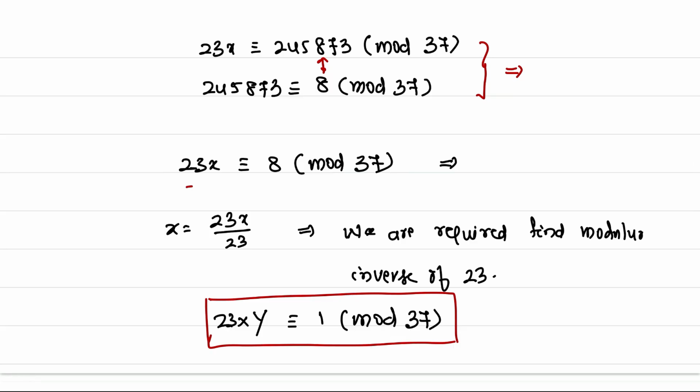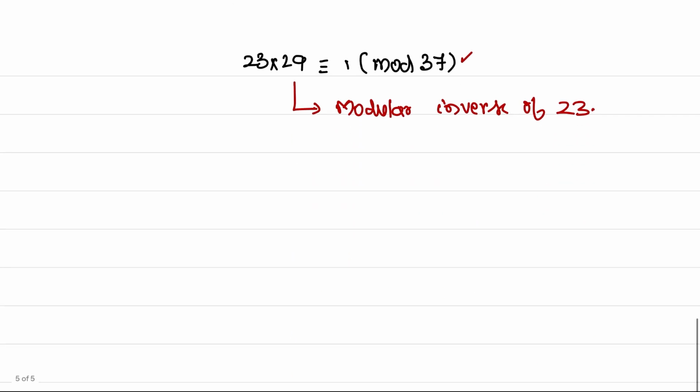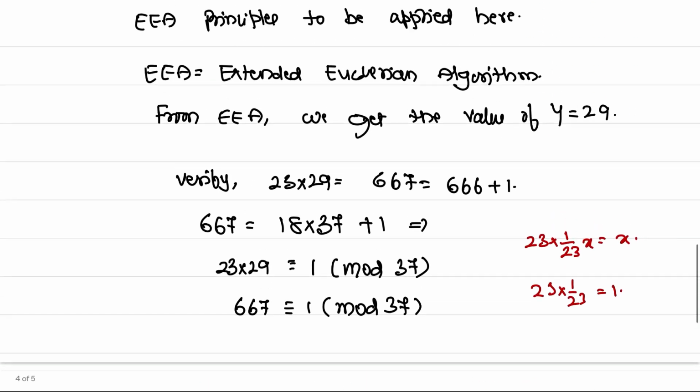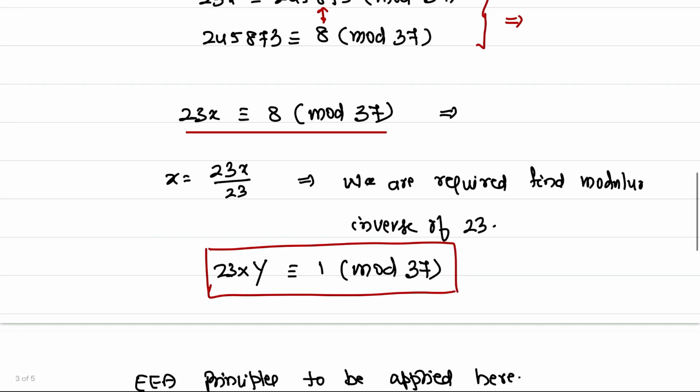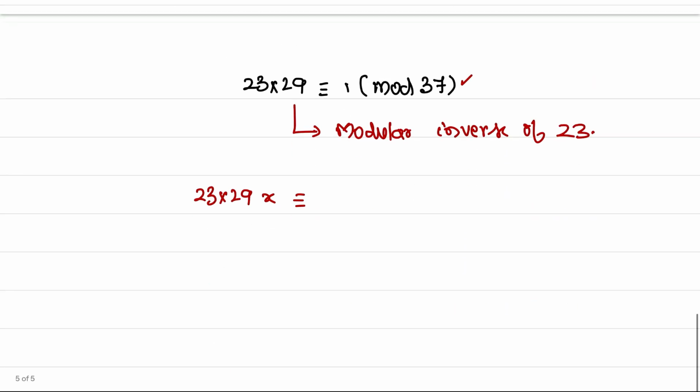The equation is 23 into x congruent to 8 mod 37, and we have to remove 23. When 23 is removed, what happens? We multiply both sides by 29: 23 into 29 into x congruent to 29 into 8 mod 37.